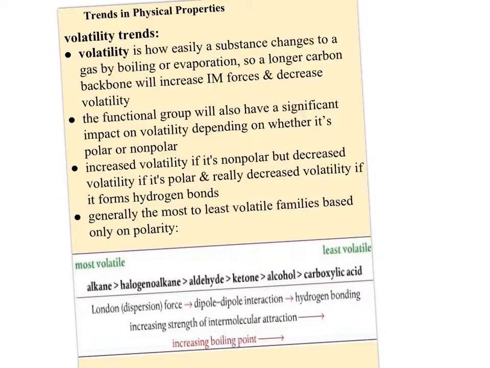Ketones, usually slightly greater than the aldehyde because it's in the center of the molecule instead of on one end. Then alcohols with a hydrogen bond, and carboxylic acids with both a hydrogen bond and double bonded oxygen for a second polar bond. So that tends to be the increasing boiling points, decreasing volatility, and increasing molecular strength.